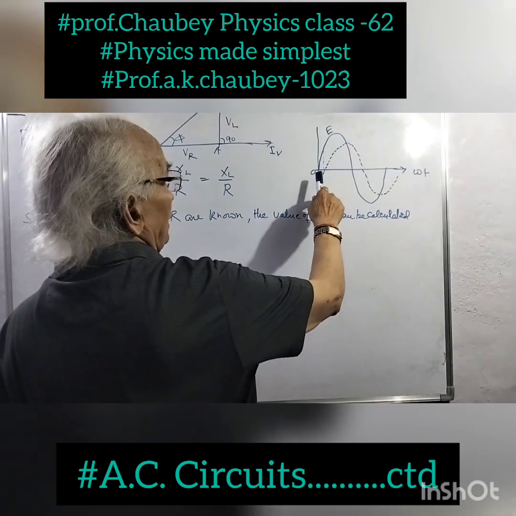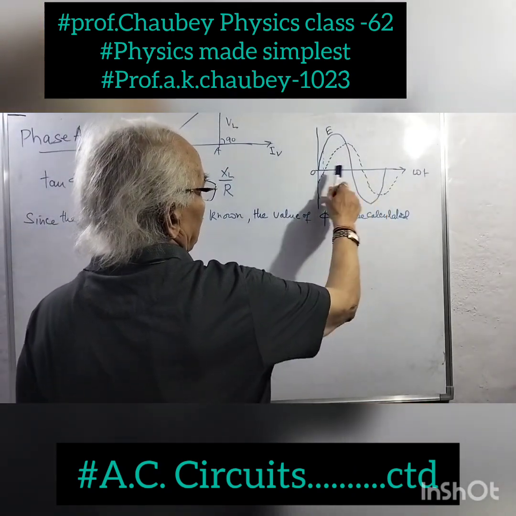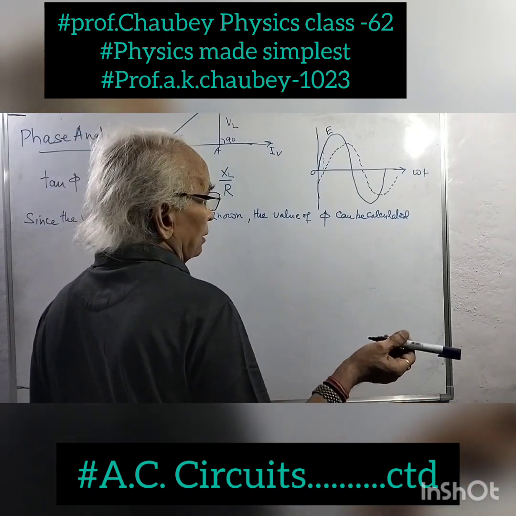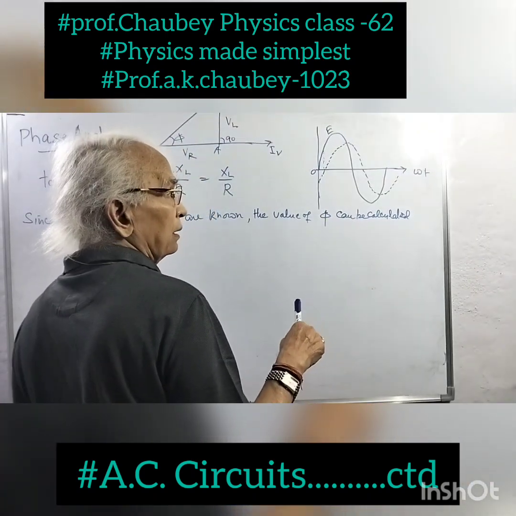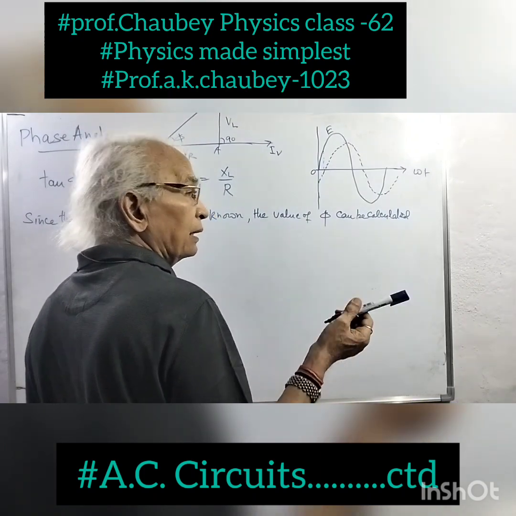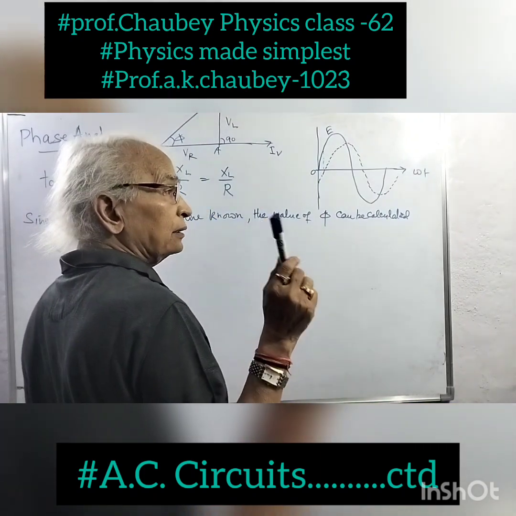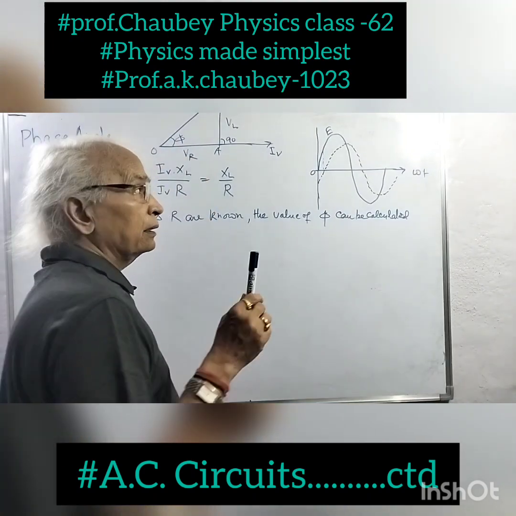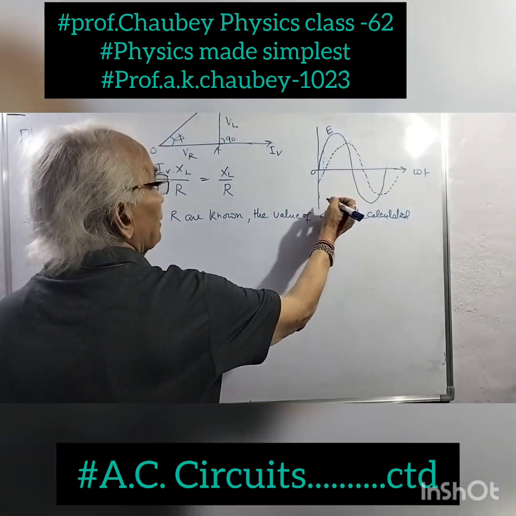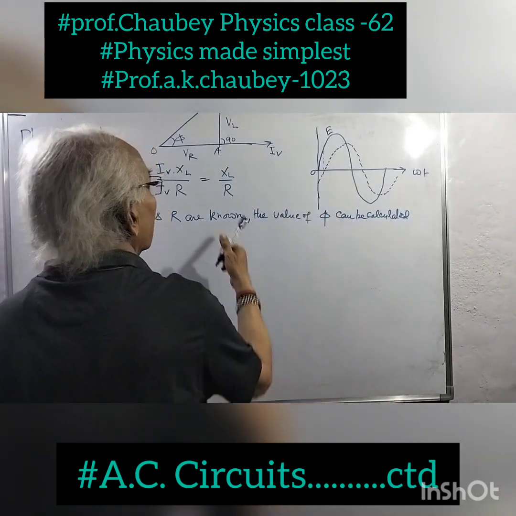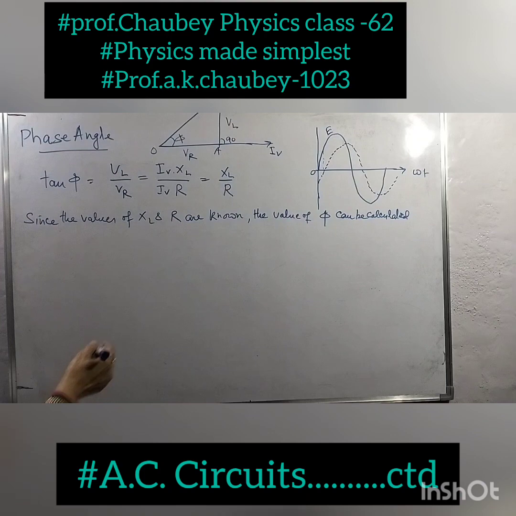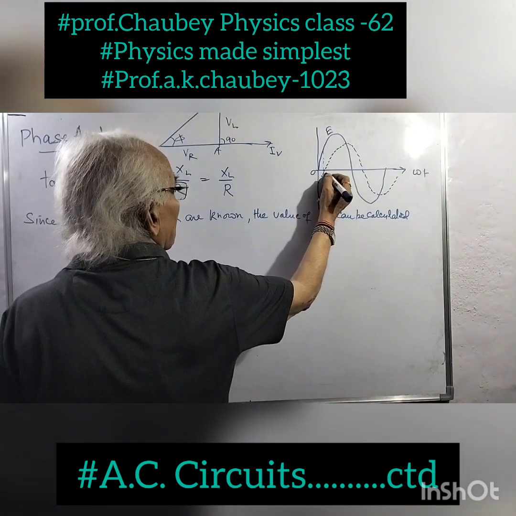It means when the time has reached this point, due to the inductive opposition of back EMF, the current lags behind. If it is only inductance, it is 90 degrees. If it is inductance plus resistance, it is phi. And that phi is not 90, it is some value given by tangent phi equals XL over R. So this is the phi here.